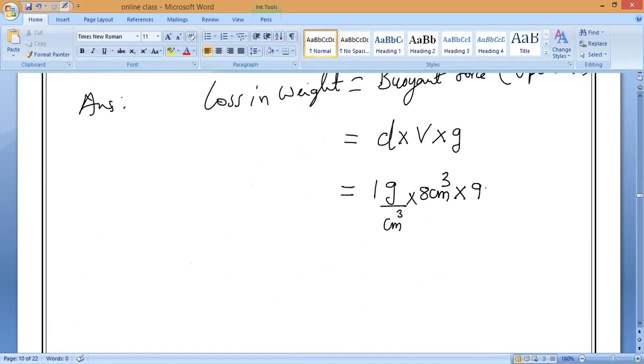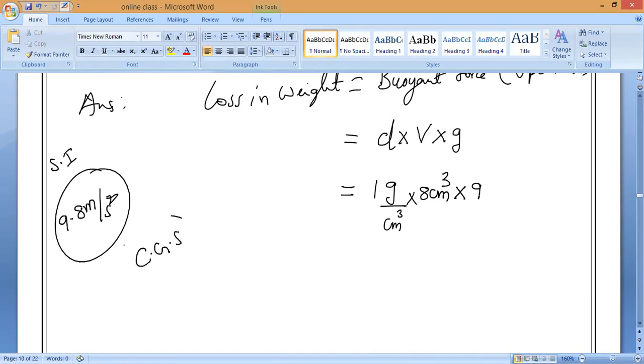You should not write 9.8 because it is in centimeters and 9.8 is the SI unit. So 9.8 meter per second square is an SI unit. But here we are all writing in what units? Remember, it is 980 centimeter per second square. Understand, Hari? Yes, sir.